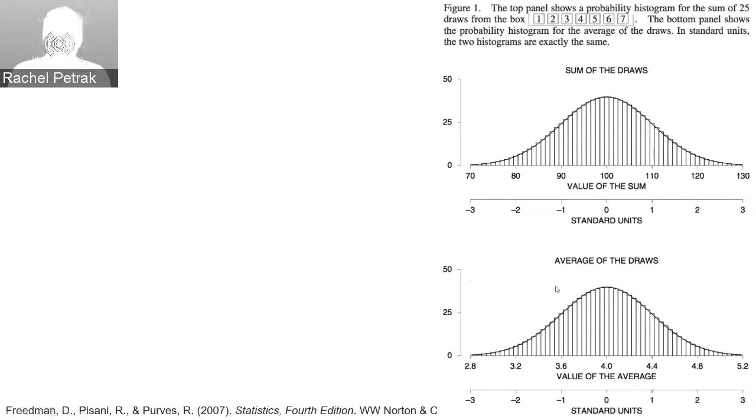As you can see, in standard units, the histograms are exactly the same. They differ in their absolute values, but in standard units, our second line, they're exactly the same. So we're really just doing a small add-on to what we were previously doing before.